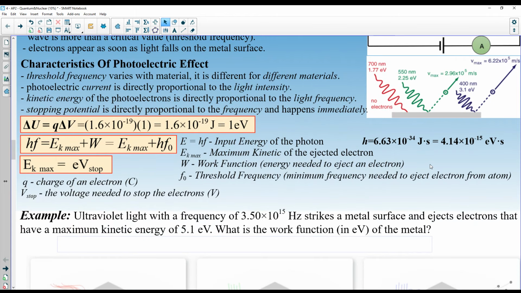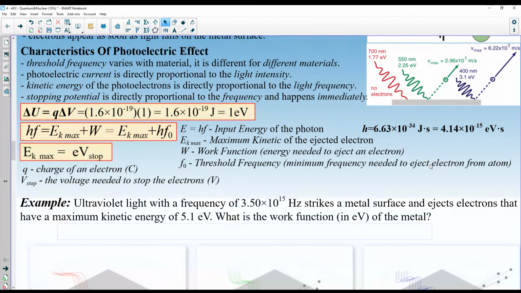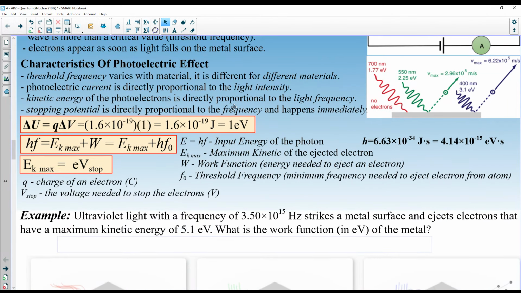And then I wanted to show you this visually, but maybe I will talk about this first. The threshold frequency, the minimum frequency needed to bombard the electrons from the surface, varies with the material. Different materials have different threshold frequencies, and therefore they have different work energy or work function.